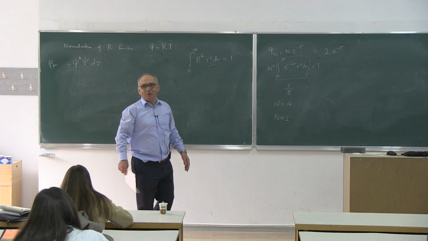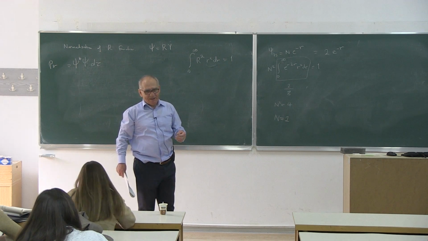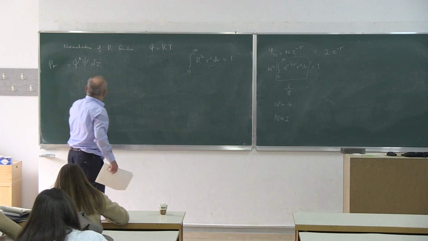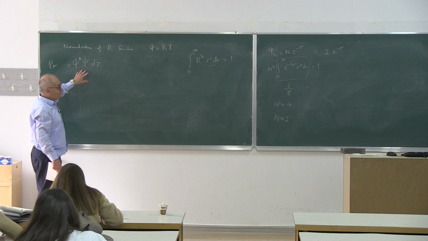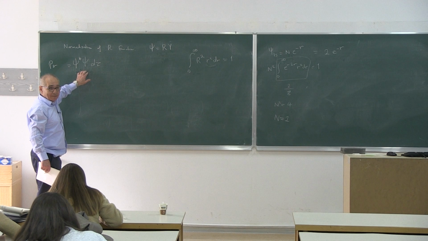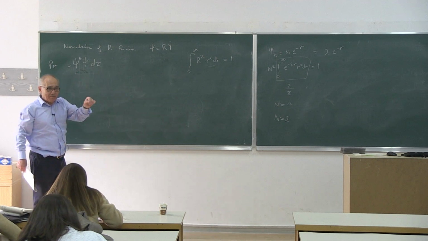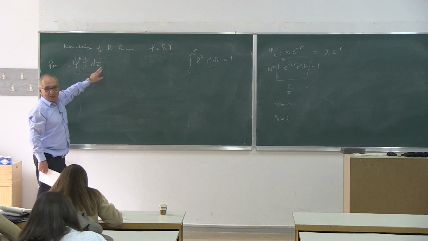Aren't you aware of what we are discussing? We have the electron in the hydrogen atom. So the particle is the electron. Applying the general concept to the electron in the hydrogen atom, this expression gives the probability of finding the electron in a tiny volume element, d tau.